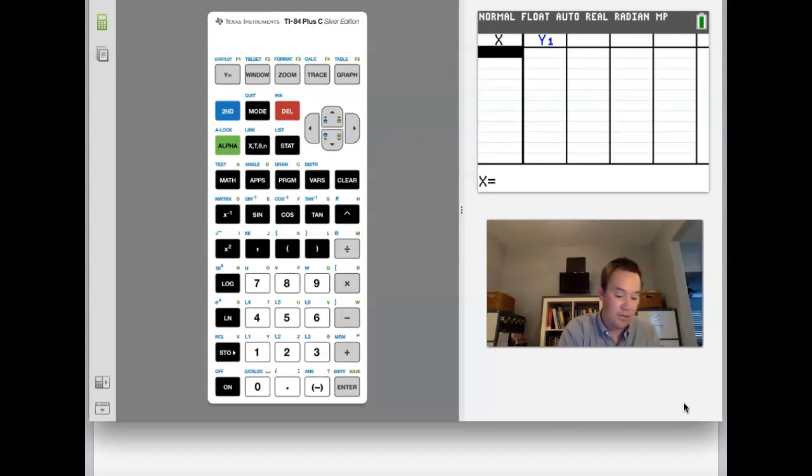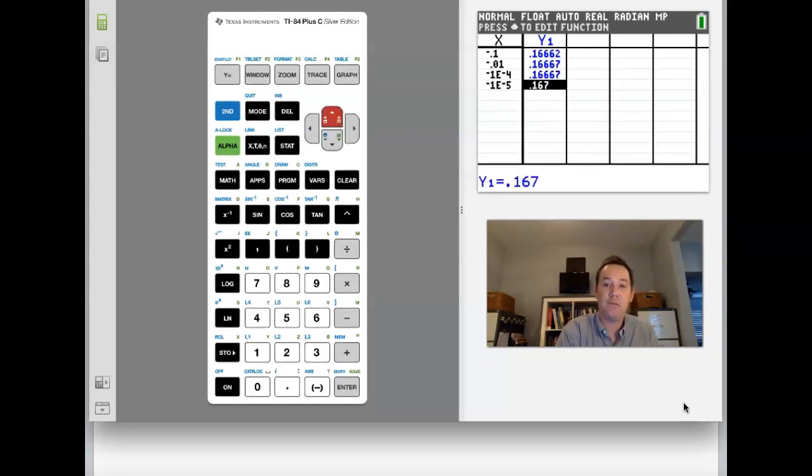So if I want to approach from the left of 0, numbers that are to the left of 0 are negative. So I want to choose negative values that are very close to 0, like negative 0.1, negative 0.01, negative 0.001, and it does look like we're approaching 0.16 repeating, right? Let's try one more.